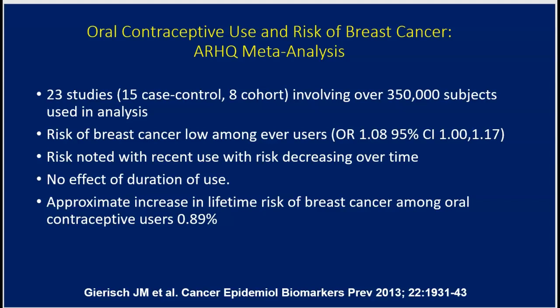It also was noted that the risk was seen with recent use, with risk decreasing over the time from when use stopped. Here, like the other studies we've already looked at, there was no effective duration of use. Overall, it was calculated that the approximate increase in lifetime risk of breast cancer among oral contraceptive users was 0.89%, exceedingly low.